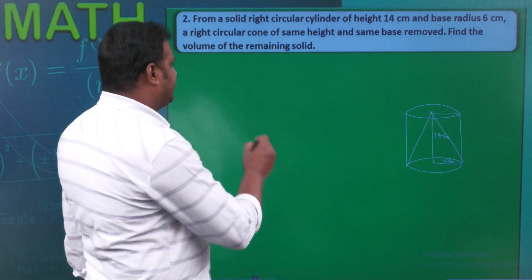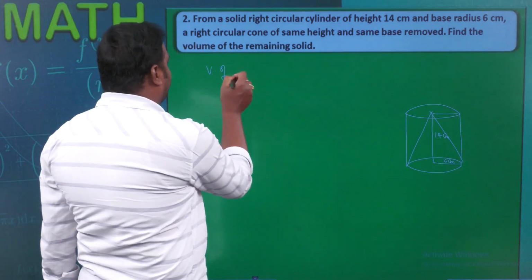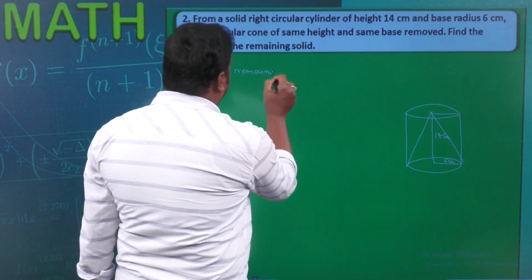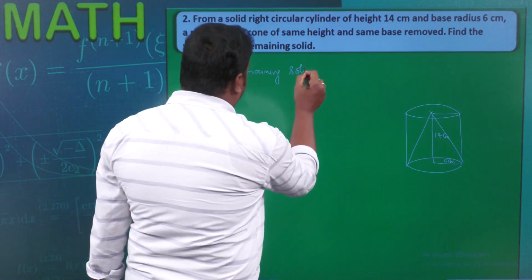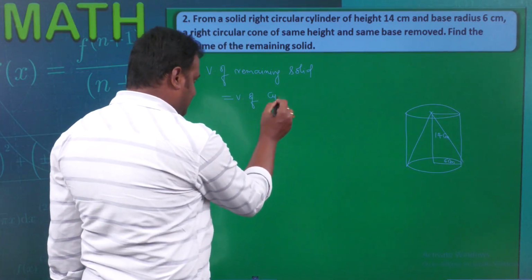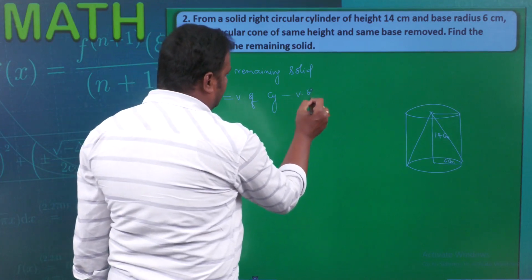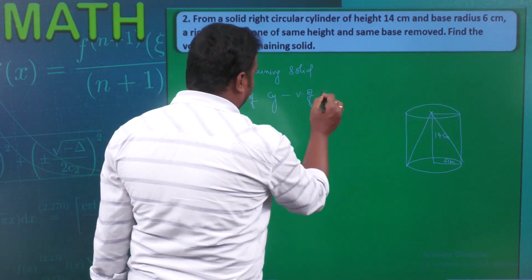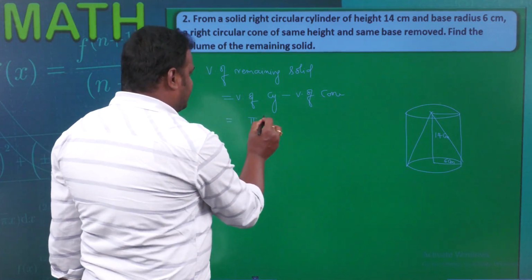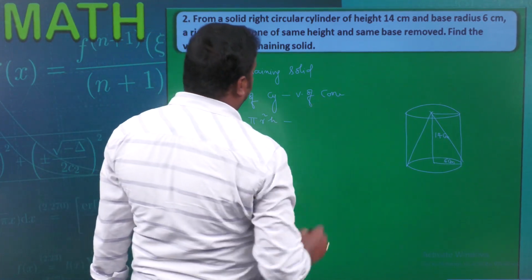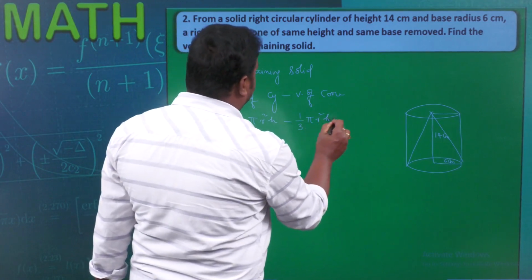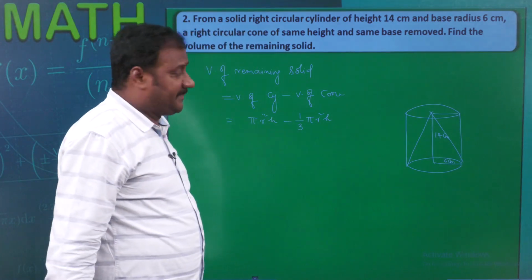So therefore, the volume of remaining solid is going to be volume of cylinder minus volume of cone. So volume of cylinder is pi r square h minus volume of cone, which is 1/3 pi r square h, because the radius is the same.